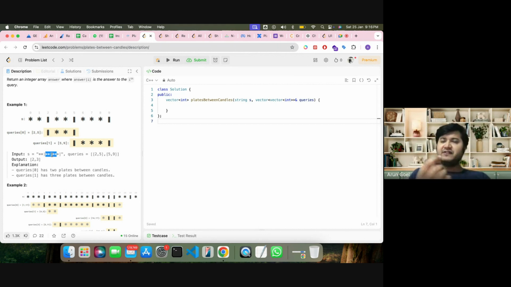If only one candle is given, then the answer is 0 straight up, but there should be a minimum of 2 candles. When you have 2 candles, you go to the mid. Now from mid to the left range, don't you think you would be able to find if there is a candle or not? Yes or no?